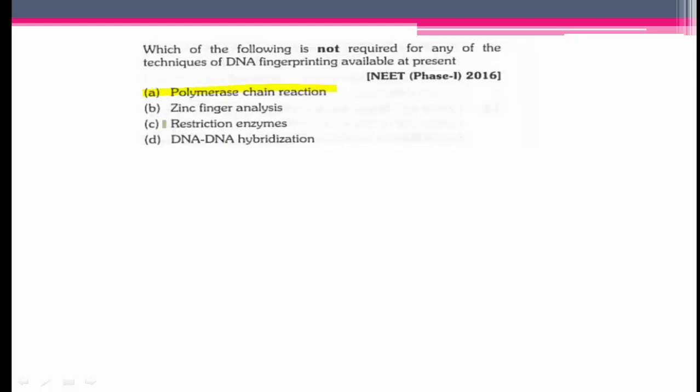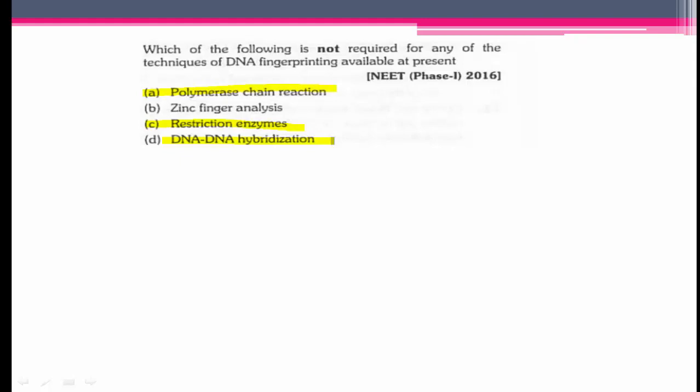To get the RFLP, restriction fragment length polymorphism, a restriction endonuclease is required to cut the DNA. Then if the DNA is fragmented, only then can the VNTR arrangement be analyzed. DNA hybridization: the sample DNA molecule is converted to single stranded DNA by exposing it to an alkaline medium, breaking the hydrogen bonds.